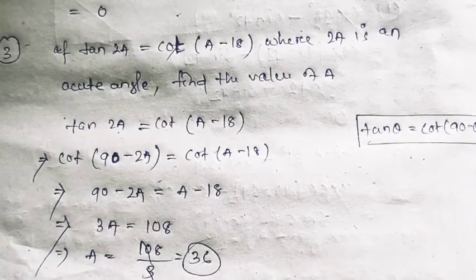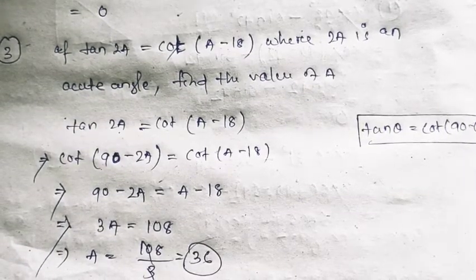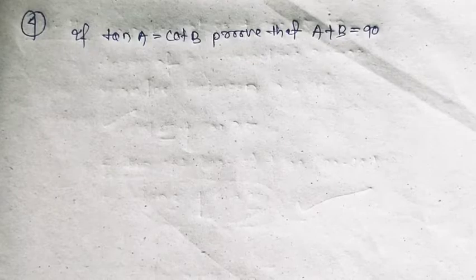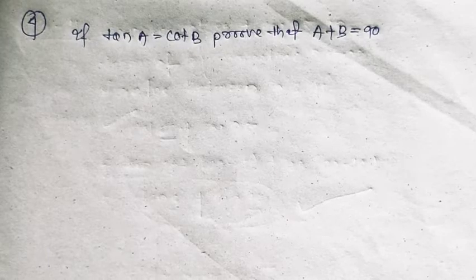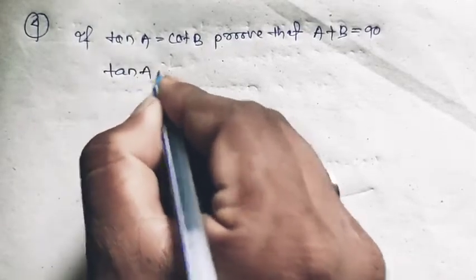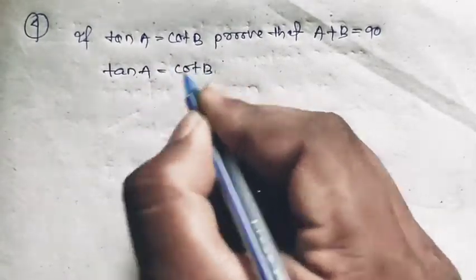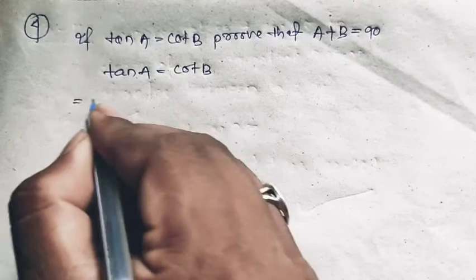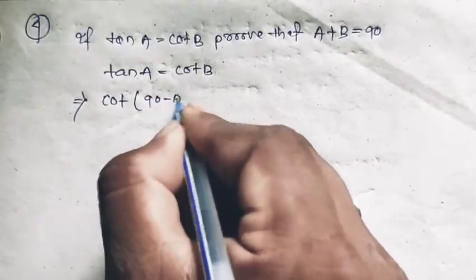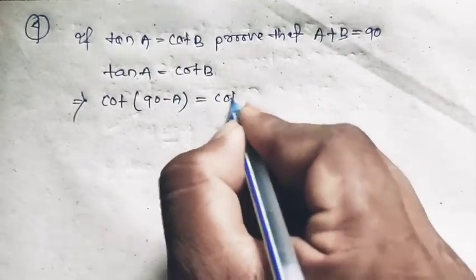Understand? So let's go to the next question. In this question, it is given that if tan a is equal to cot b, prove that a plus b is equal to 90. Okay, this is a very easy question. Tan a is equal to cot b, so I can write tan a as cot (90 minus a), which is equal to cot b.